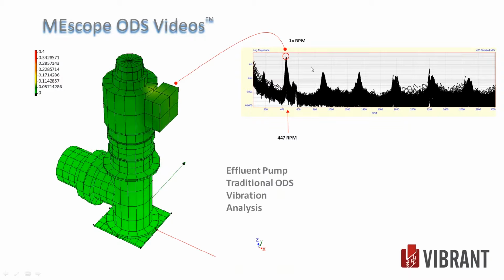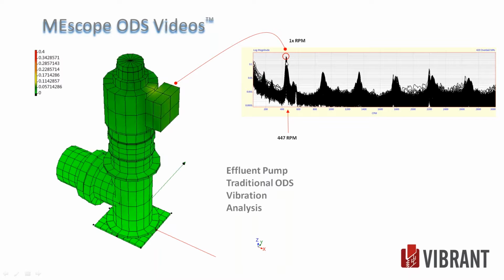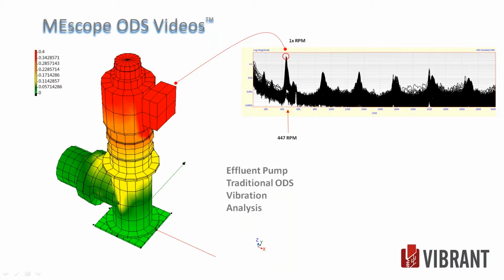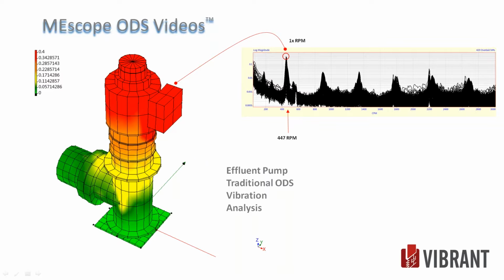This is running speed. There's 2 times, 3 times, 4 times, 5, 6. But this doesn't look right. This is a wide peak. It's not a clean peak you'd expect from residual unbalance. It's probably that residual unbalance is close to a natural frequency and you're distorting it and amplifying the response.